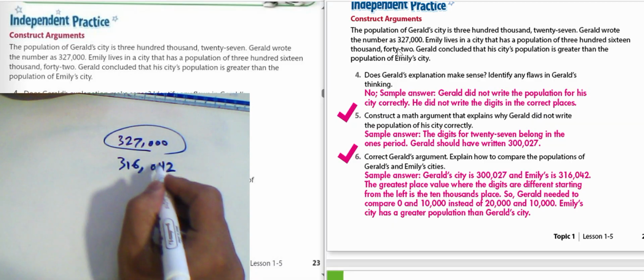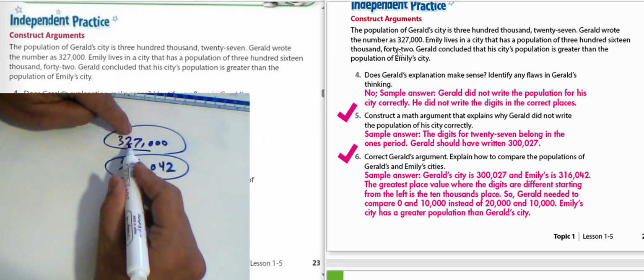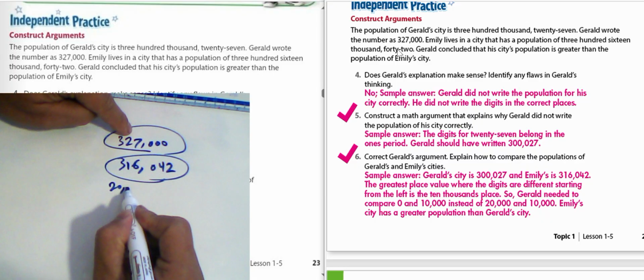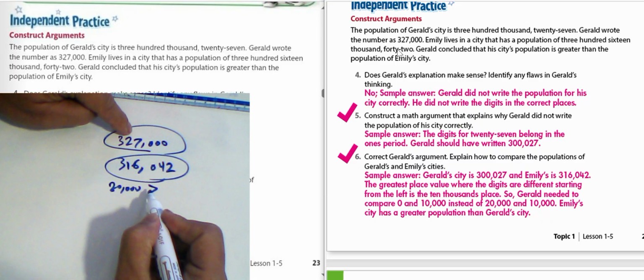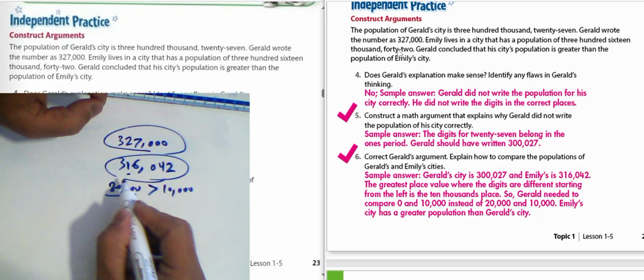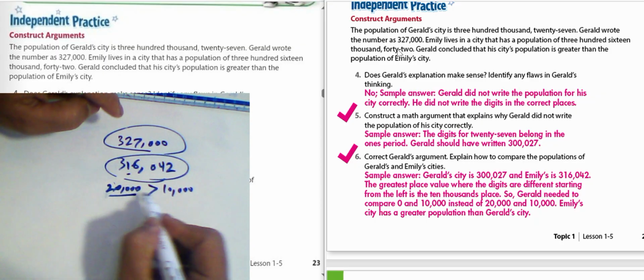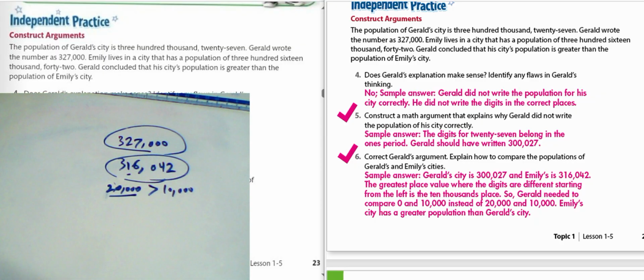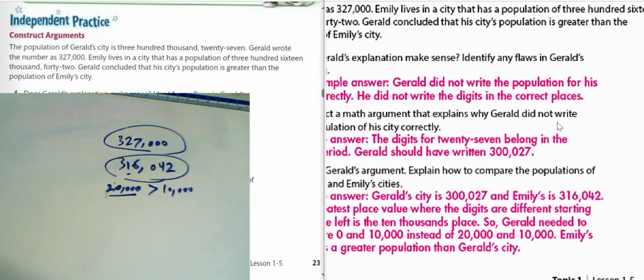Then this number is greater than this number, because the value of digit 2 here will be 20,000, which is greater than the value of digit 1 here, 10,000. 20,000 is greater than 10,000. Then Gurley didn't write the population for his city correctly. He didn't write the digit in the correct place. It's wrong.